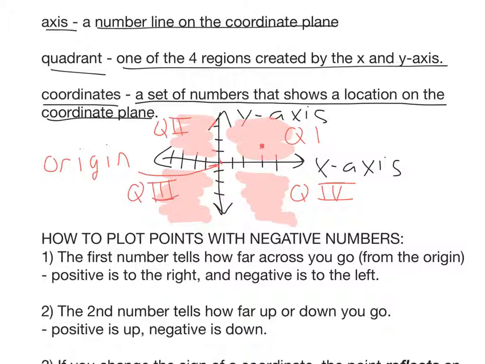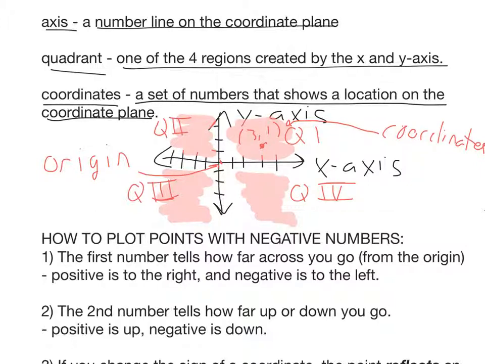So from the origin, to get to that point that I marked, you go over 3 and up 1. So that is the coordinates for that point. Okay, kind of sloppy, but you'll see more as we go.